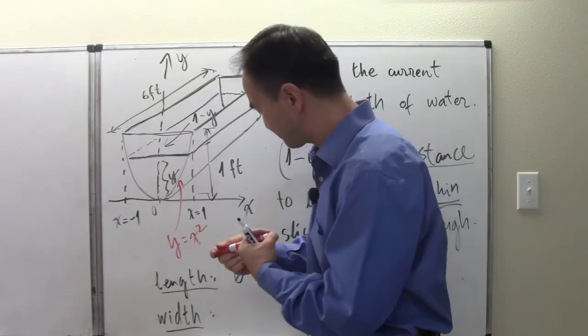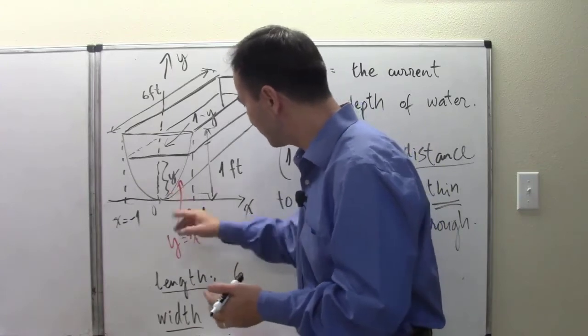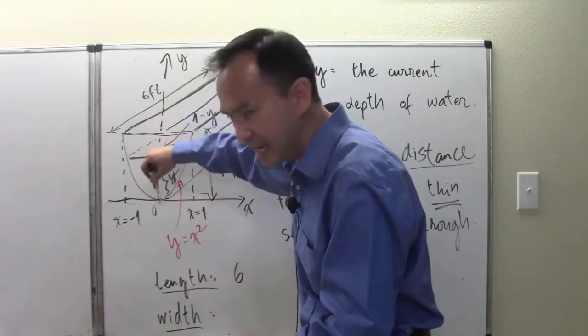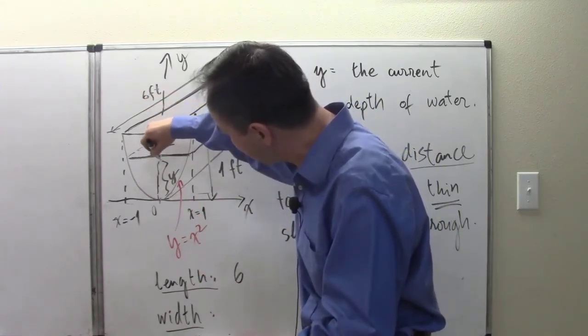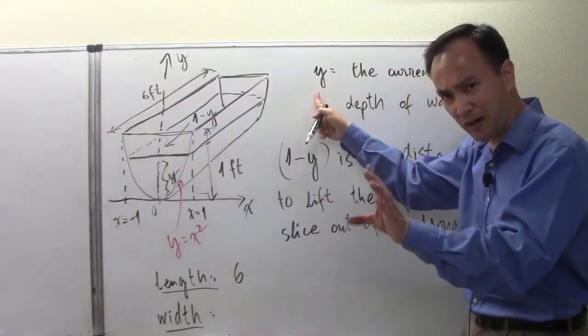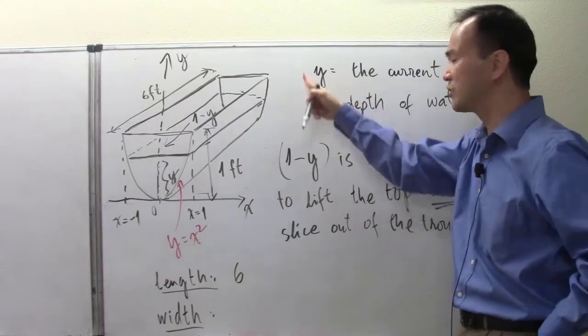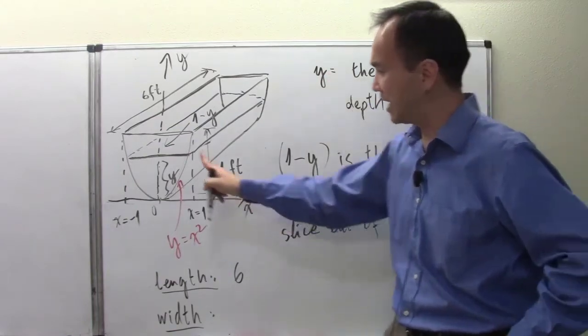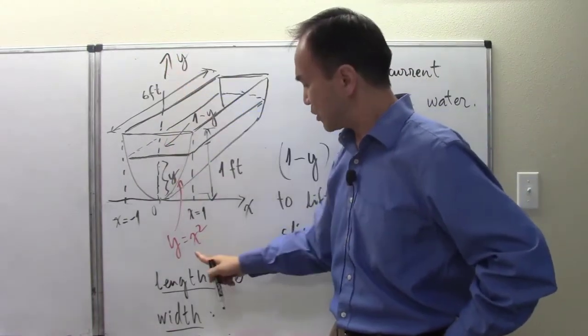But now everything is on the x-axis right here. We're talking about any depth y, because I'm driving your attention to using y as the main variable, and y is going in this direction right here. So y equals x squared.